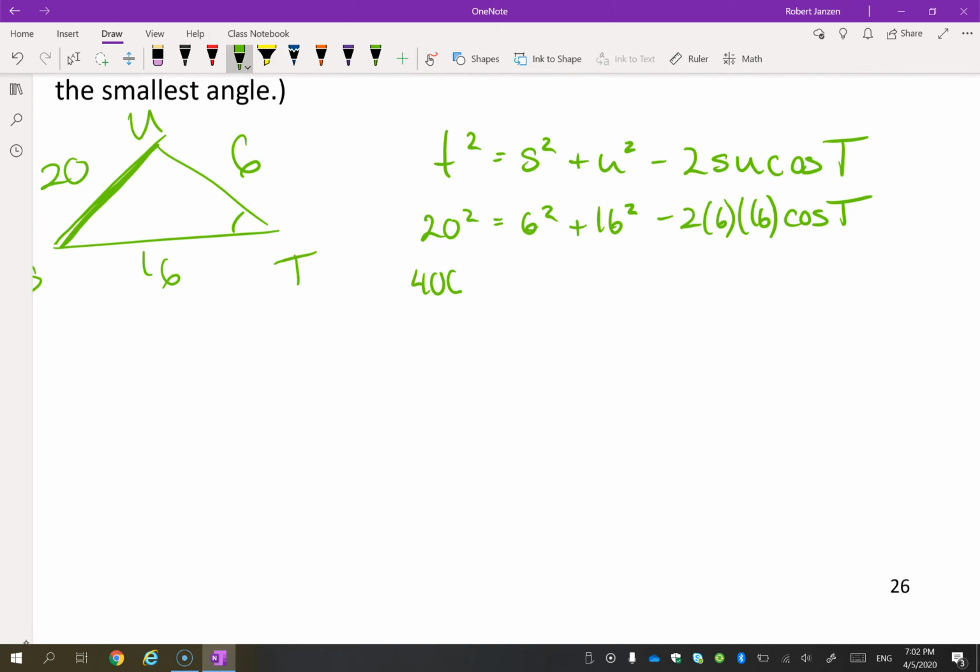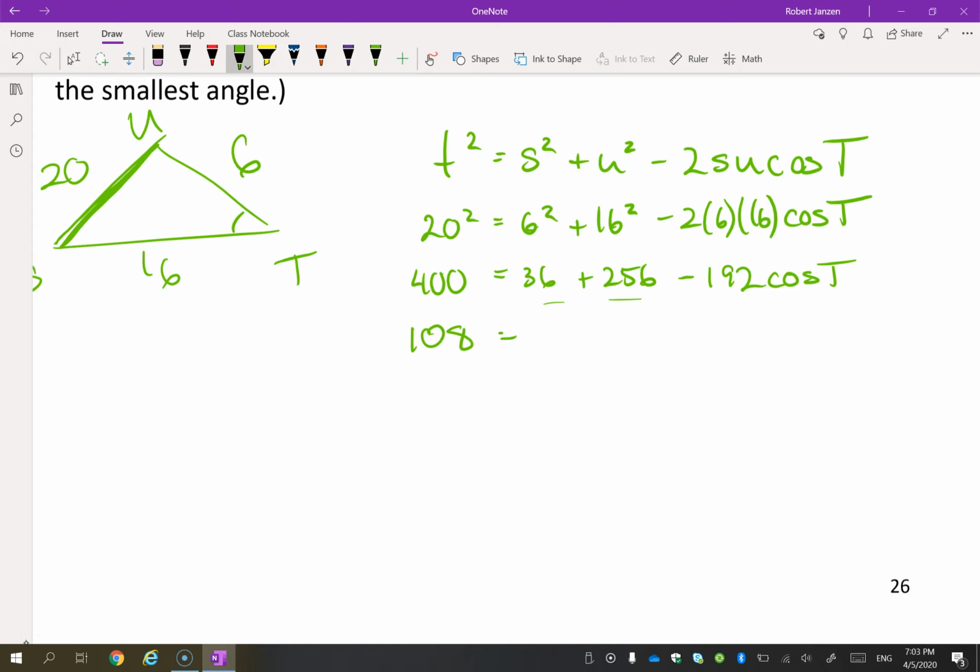Okay, and you could probably do this all in your calculator, but I just like to write it out so I keep a visual of it. Alright, so I'm going to subtract 36 and 256 from 400. It's going to give me 108, I think. 256 plus 36, 292.